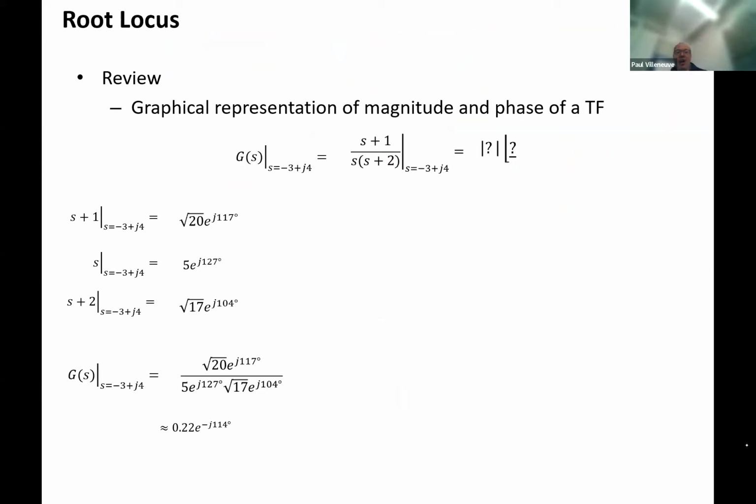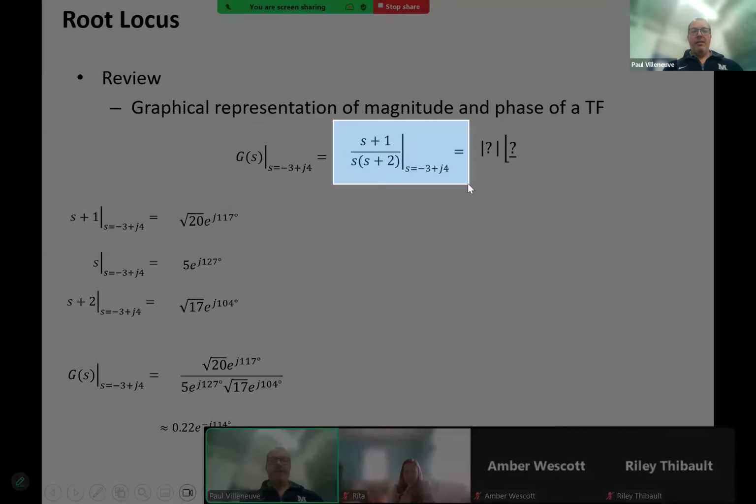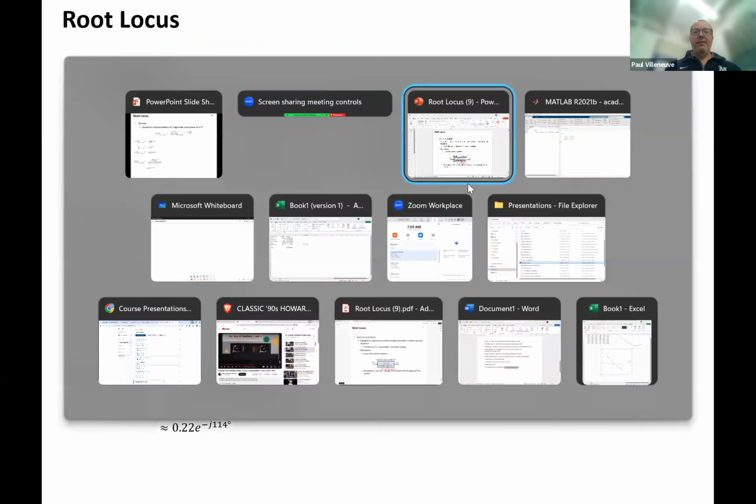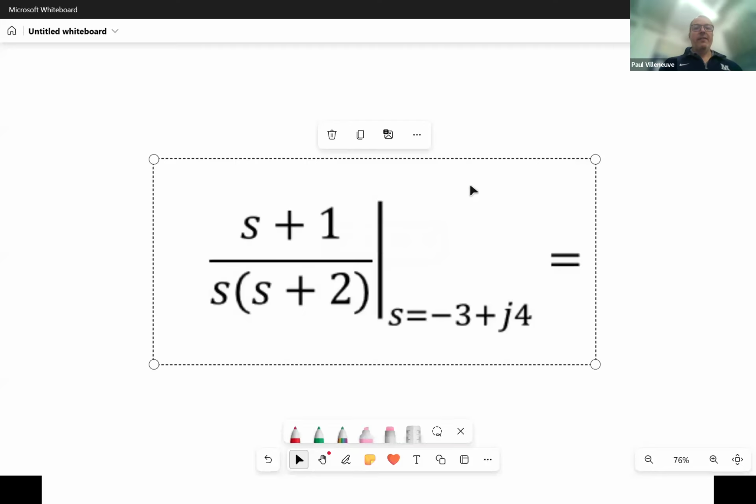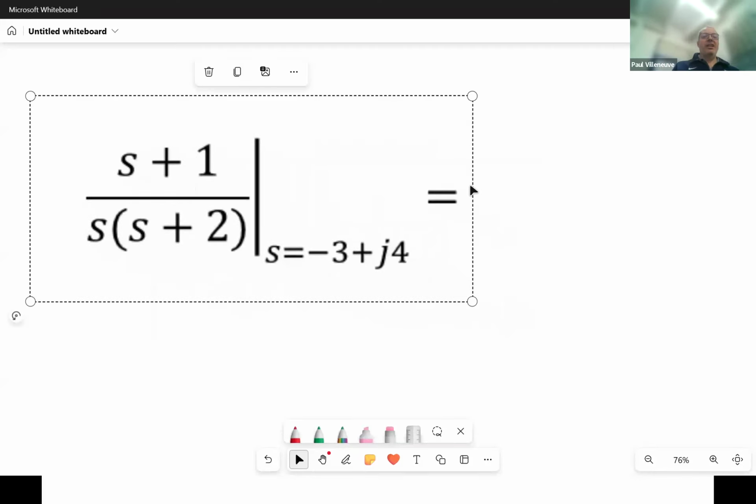All right. Complex number math pros. I want you to take this number here and solve. I would like you to tell me the magnitude and angle and solve for that. How would you do that?